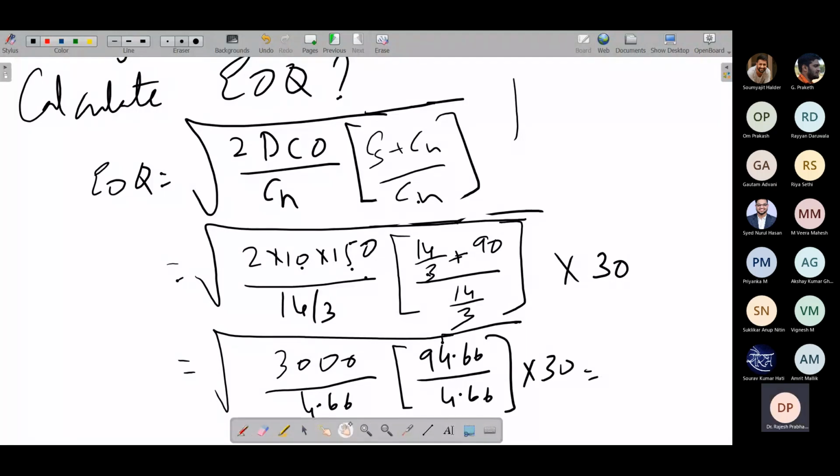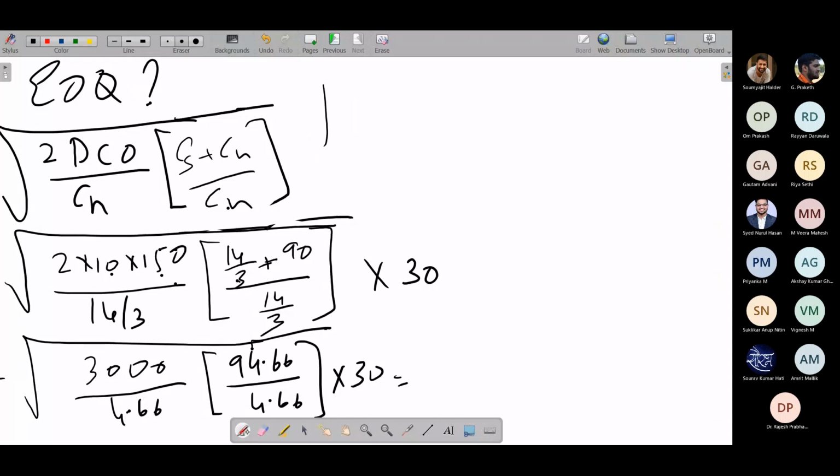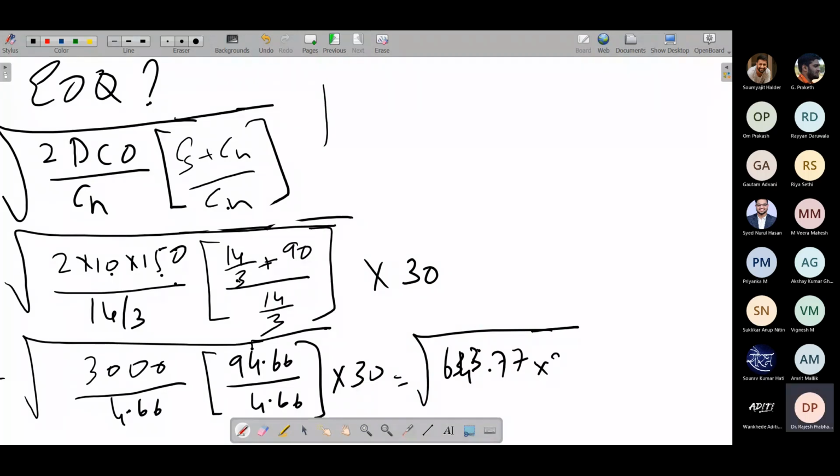So 3000 by 4.66 is how much? 643.77 multiplied by 20.31.